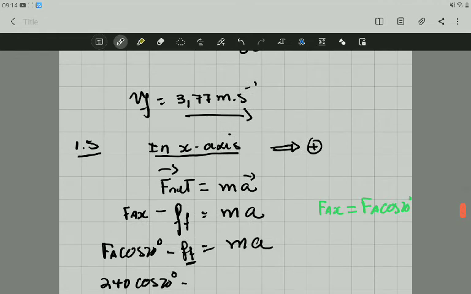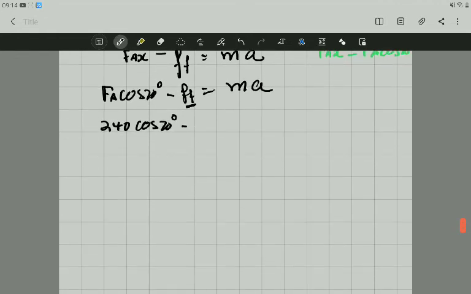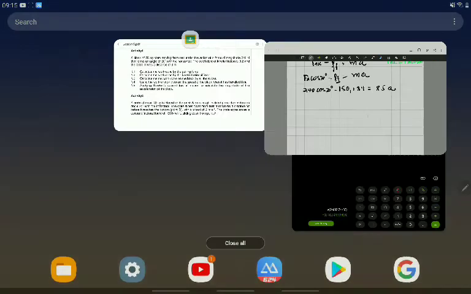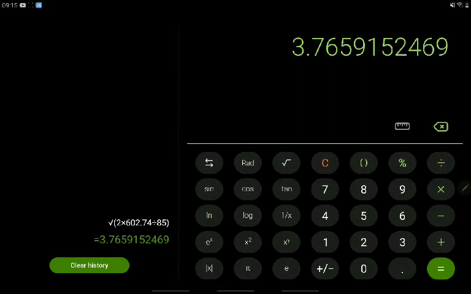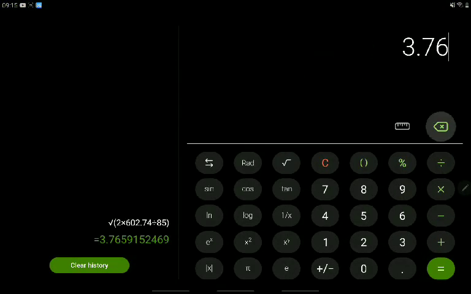So let's go there. Minus 150.184 is equal to the mass, which is 85, multiplied by the acceleration. These calculations can be done. It's very, very simple. Let's do the whole calculation so you can see it.